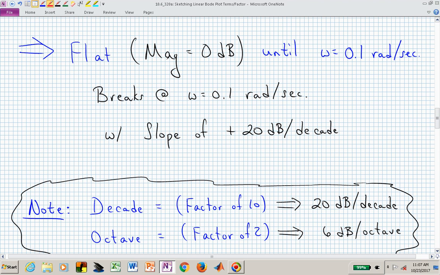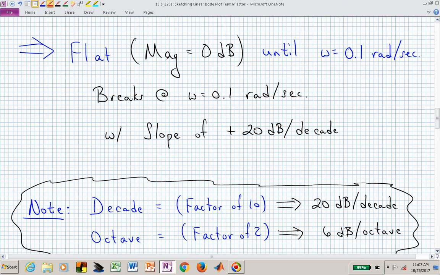If you wanted to examine that change over a smaller interval of frequencies, then a factor of 2 might be helpful, and a factor of 2 is an octave, so 6 dB per octave is equivalent to 20 dB per decade.